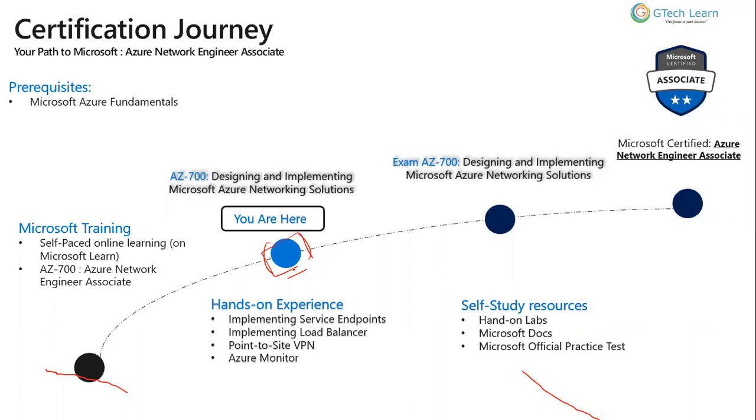Talking about the prerequisites, if you have Microsoft Azure Fundamentals experience, that would be really helpful in order to complete your AZ-700 certification. Apart from that, you can go for the Microsoft training for AZ-700.